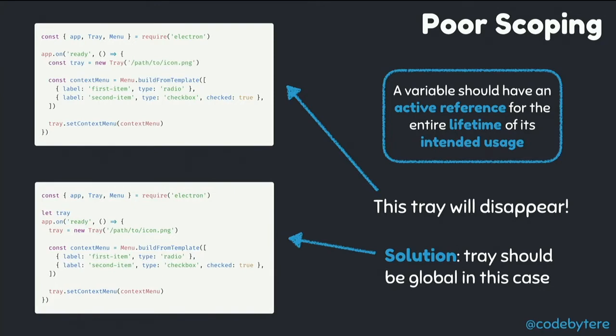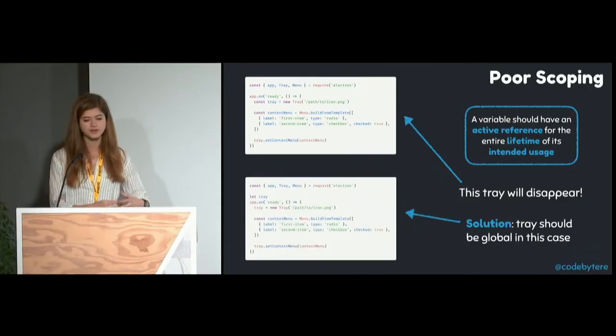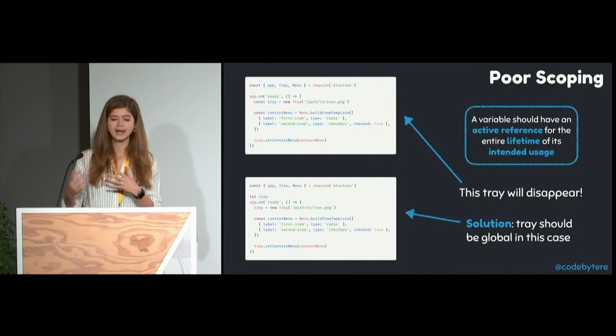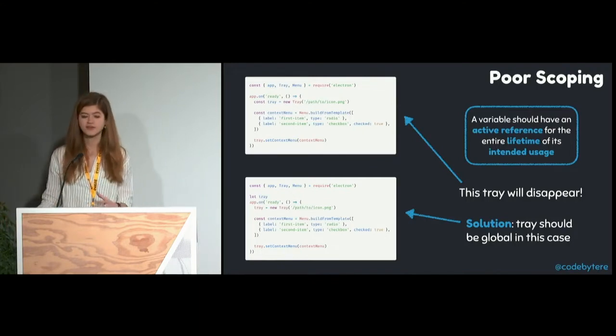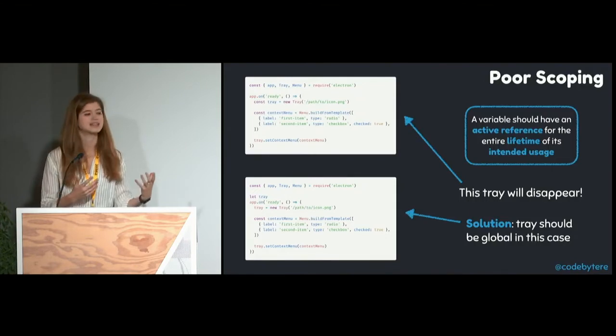So if you create a UI element inside a function and assume that it will be kept alive for the entire time that it's needed on screen, get ready for some Houdini elements. To help you prevent some of these kinds of issues preemptively, you should be actively working to instantiate variables, such that every UI element you plan to show on your screen has an active reference for the entire lifetime of its intended usage.